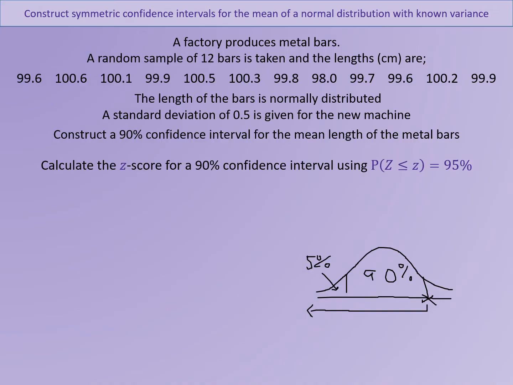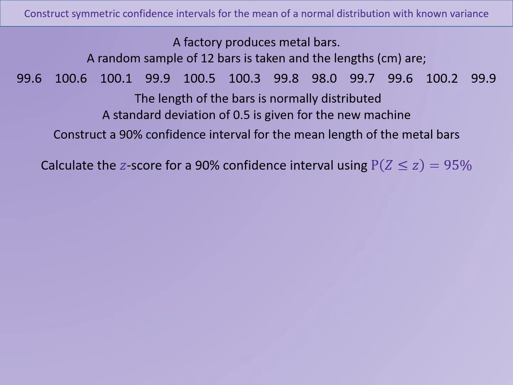Okay, which is why we're talking about finding the value for 95%. So type that in your calculator. And what we're going to get is a z-score of 1.645. So below 1.645 is going to be our 95% value.